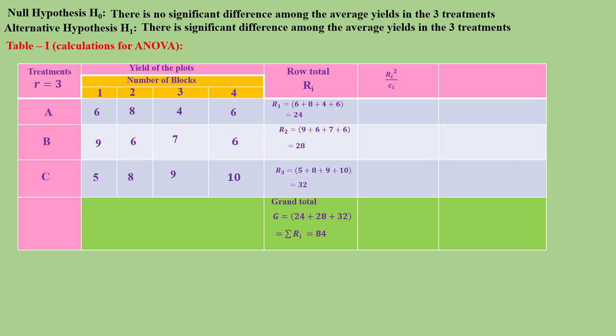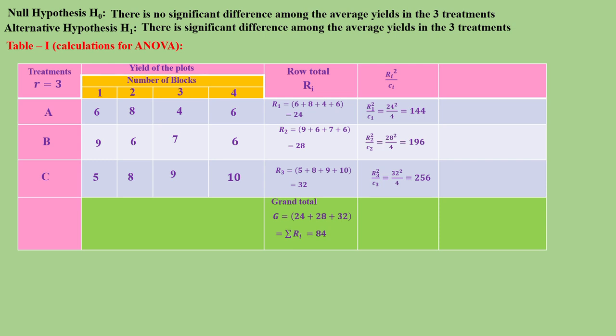Next you have to find Ri square by Ci. So R1 is 24, R1 square is 24 square, C1 is, we know, 4, all are equal, right? So 24 squared by 4, 144. Next R2 square by C2, that is 28 square by 4, 196.